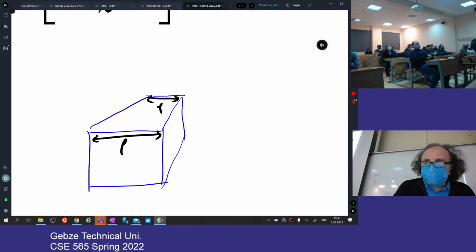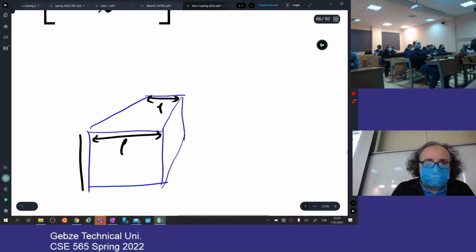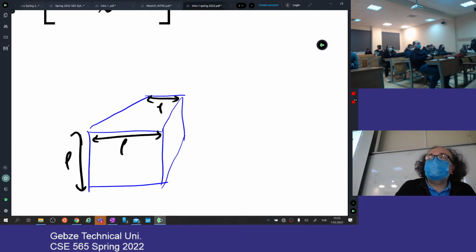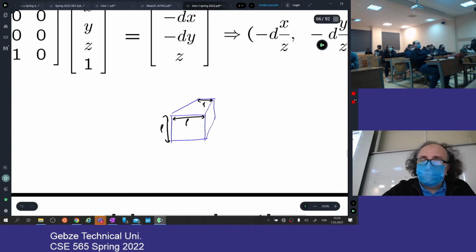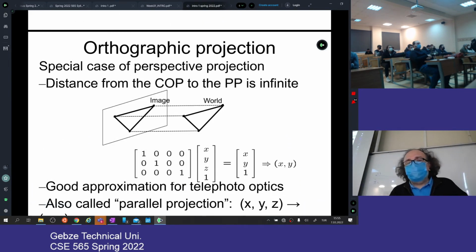If I don't want this kind of projection, if I would like equal lengths to be equal on my images, then what we are going to do is the orthographic projection. With the orthographic projection, the relative lengths don't change.